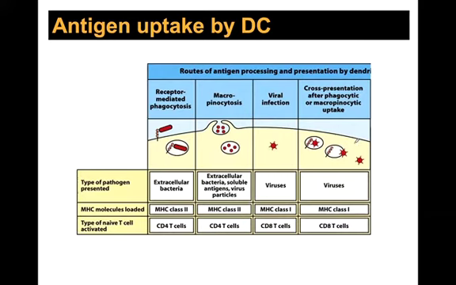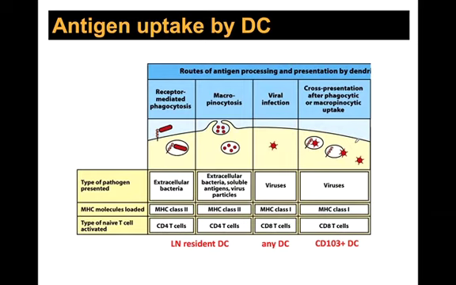Okay, so this is how you're going to take up antigens, and this happens both for lymph node resident dendritic cells or dendritic cells activated in your big toe that are going to migrate to a lymph node. In particular, we sort of start to divide this by where these cells typically are.